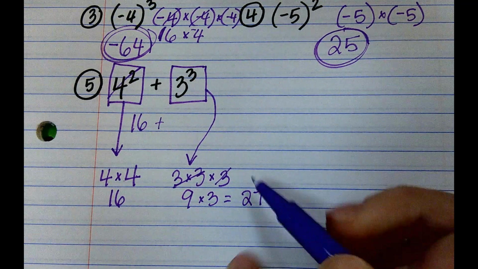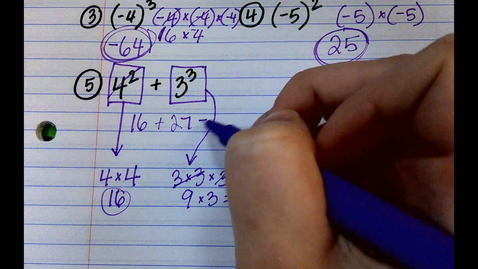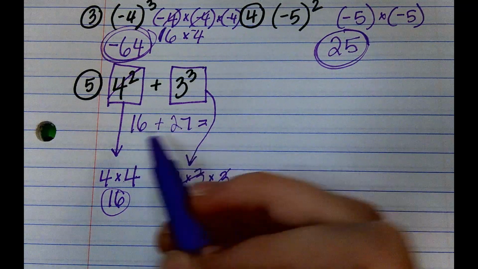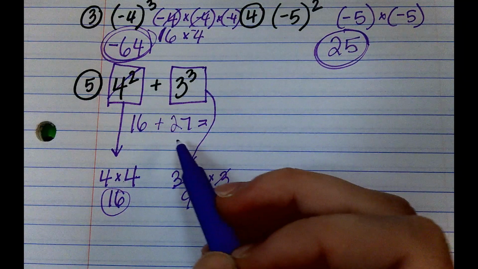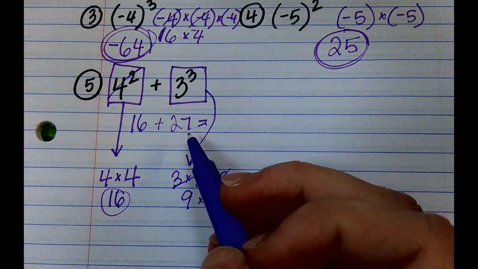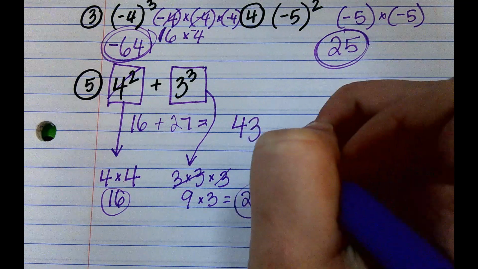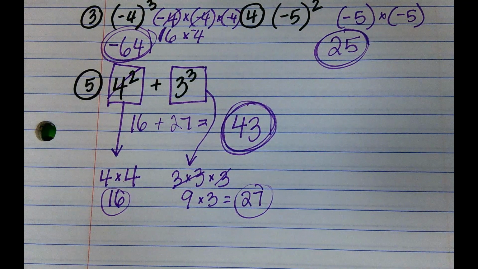So you got 16 plus 27, and that's your answer. 43. Is that what it is? Yes, that's 43. Good job, you guys.